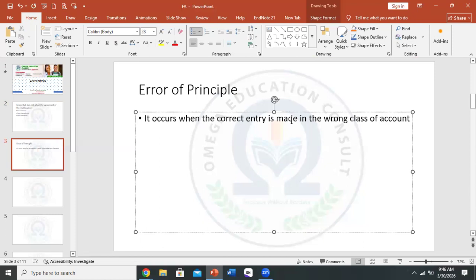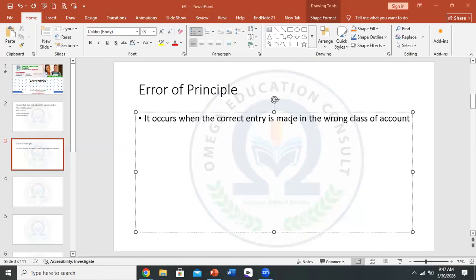So I want you to appreciate that in accounting, we have classes of accounts, right? We have assets, we have liabilities, we have capital, we have expenses, and then we have income, right? These are the classes of accounts that we do have.